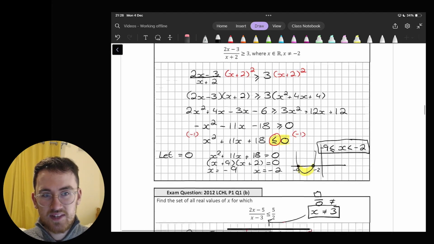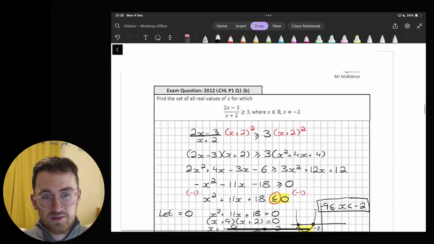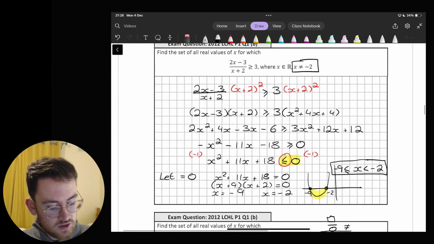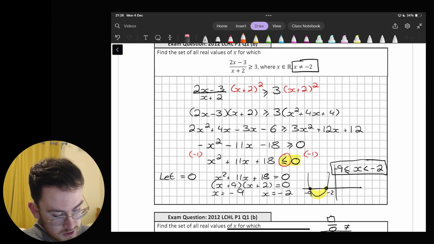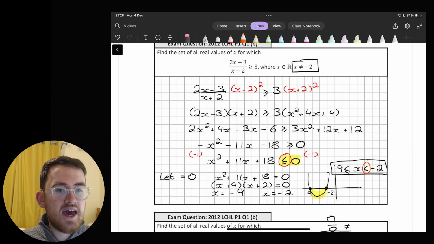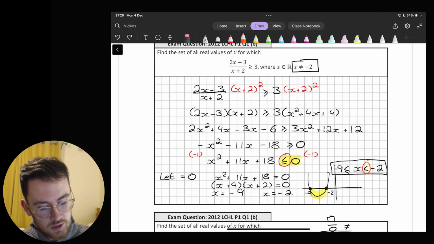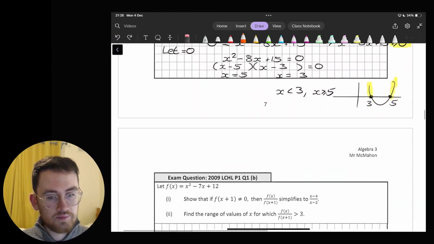Okay, the same kind of idea happening there. And we in fact were even given that in the previous one. This x is not equal to minus 2 means that the function down here, and I did do it, I just didn't draw attention to it, is less than minus 2. Okay, it's not allowed to be equal to minus 2, but it could be equal to the minus 9 part. So just another thing to watch out for.